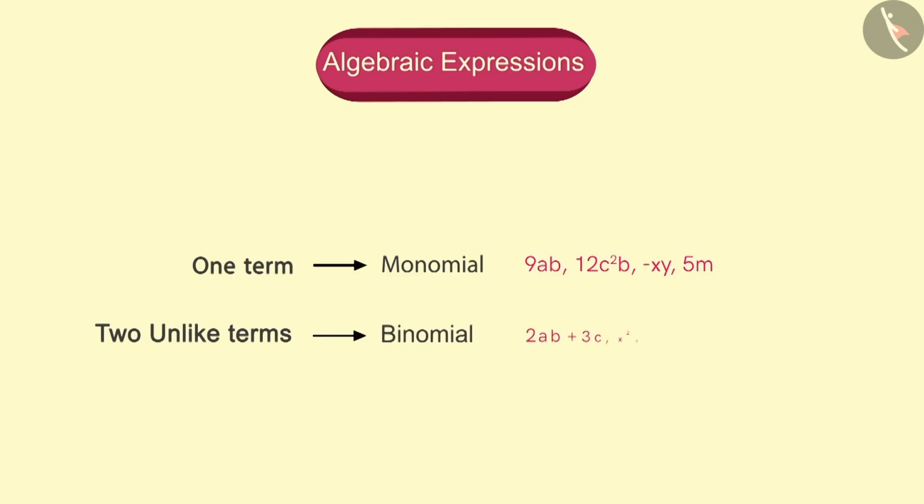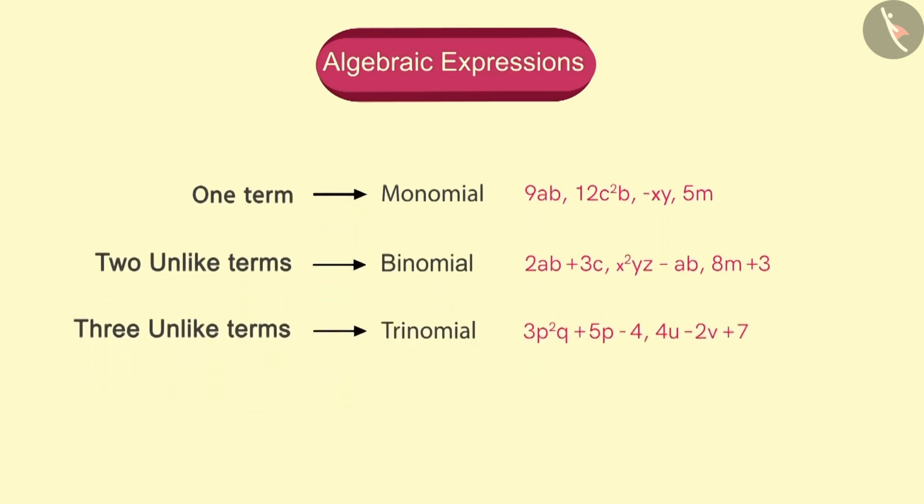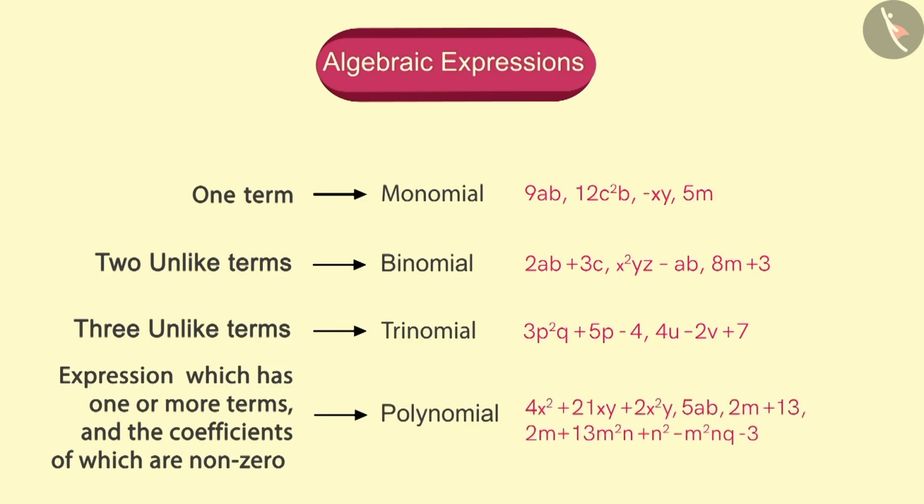Here are some examples of a binomial. Similarly, an expression with three unlike terms is called a trinomial, etc. In general, an expression in which one or more terms are present and the coefficients of which are non-zero is called a polynomial. These are some examples of polynomials.